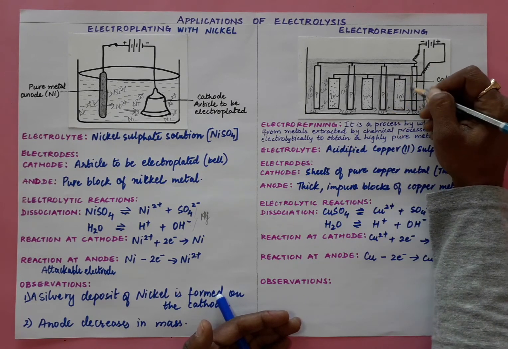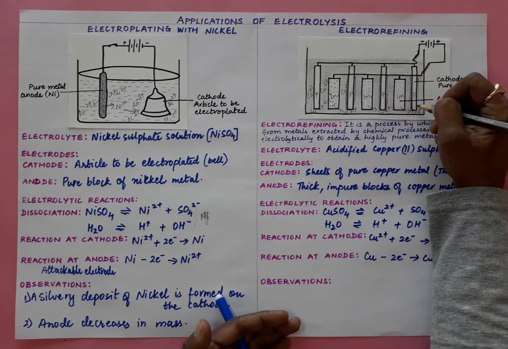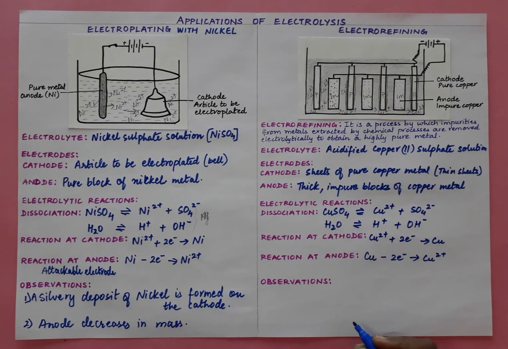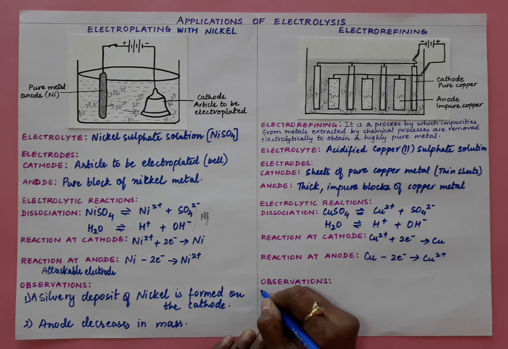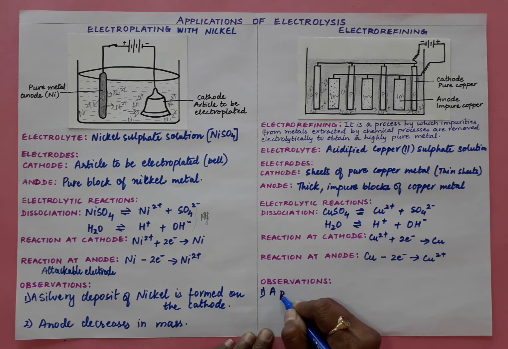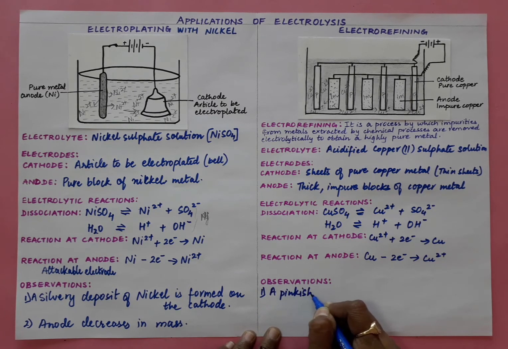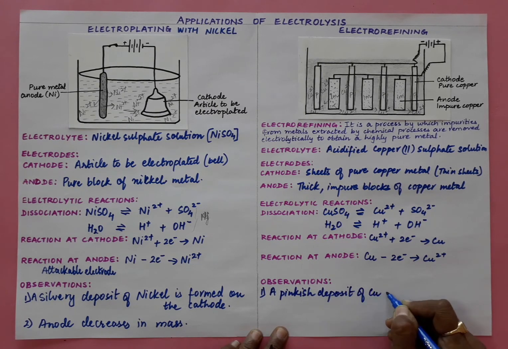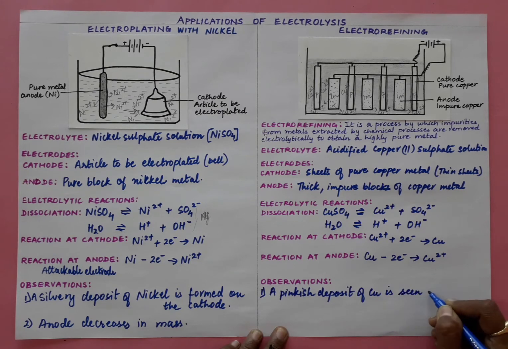So that is the observation. Observation number 1: a pinkish deposit of copper is seen or formed on the cathode.